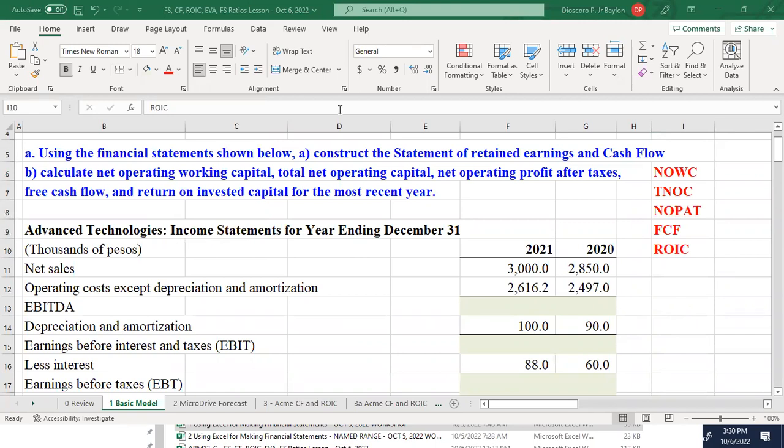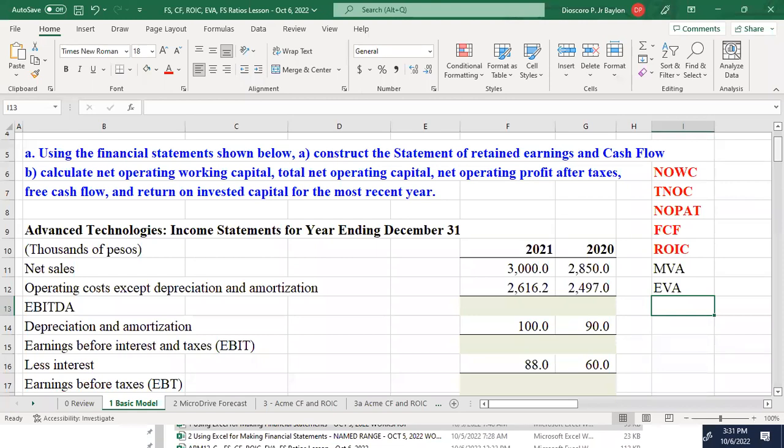Maybe you didn't discuss this in your accounting. We're asked to compute for this, and there's also the MVA and EVA, the market value added and the economic value added.